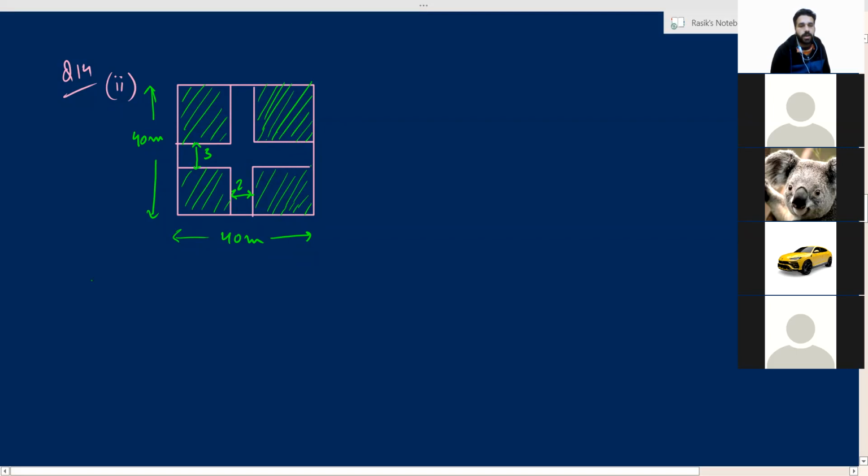So first we will find the area of both the roads. Sir, length and breadth are 40 meter. Yes. So first road the area is 40 into 2, this is the area of the vertical one, plus 40 into 3, this is the area of the horizontal one.